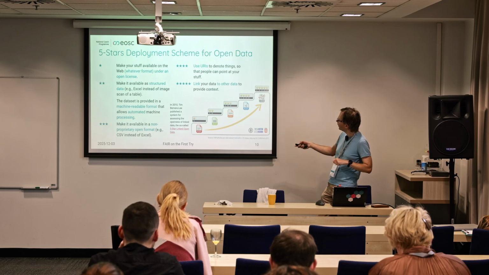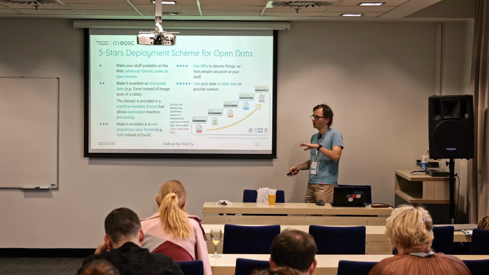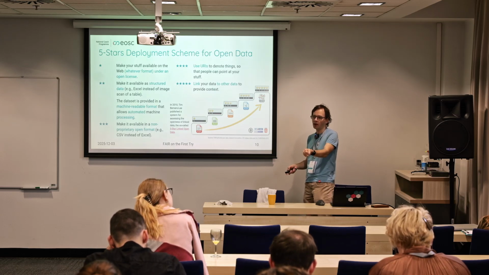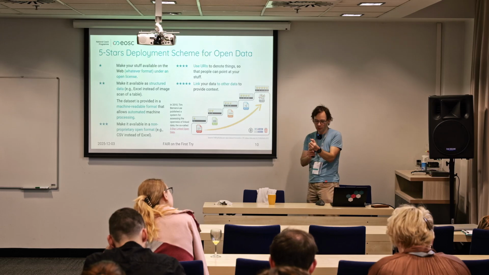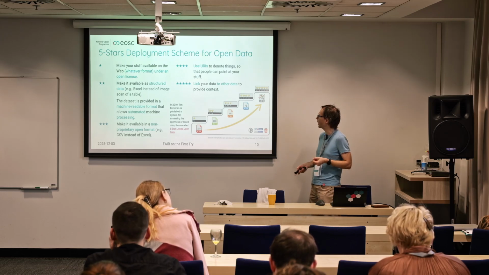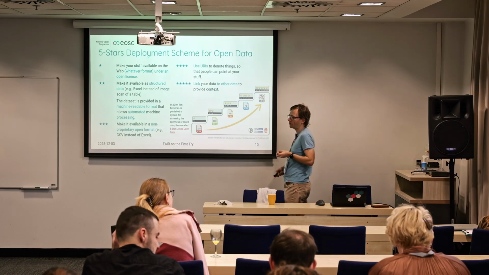You can see that having just a digital PDF is just the basic level. It's better than a piece of paper that has to be sent physically, but it's hardly machine actionable. XLS is somehow better.